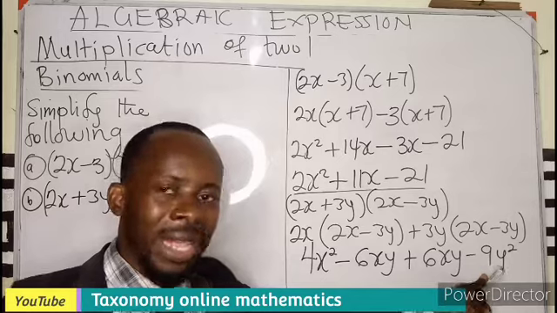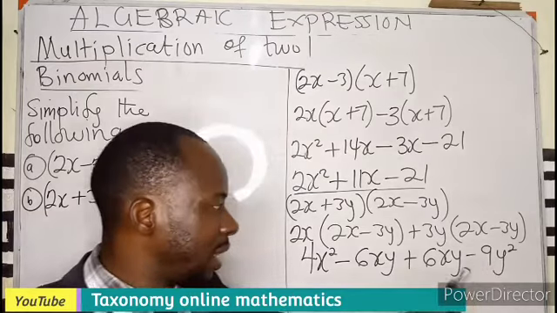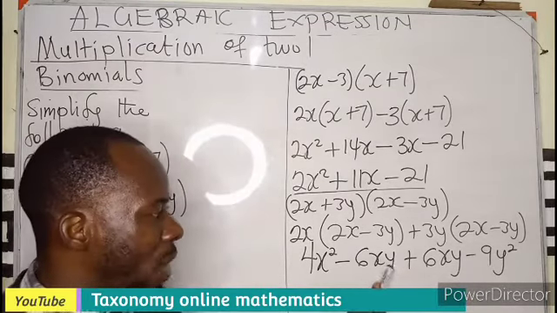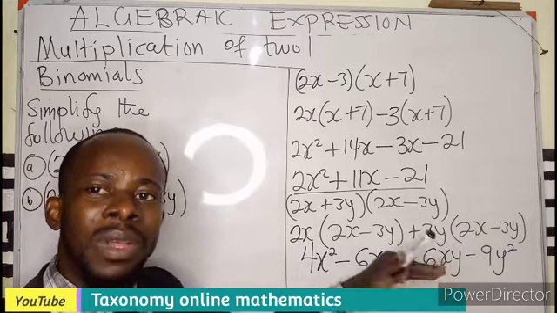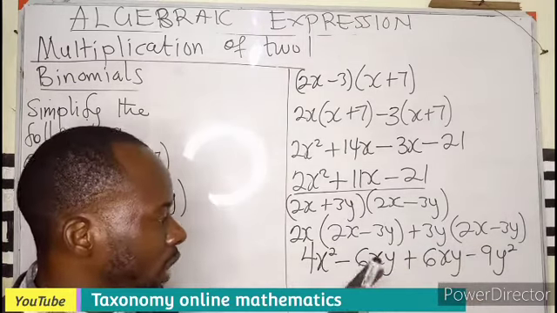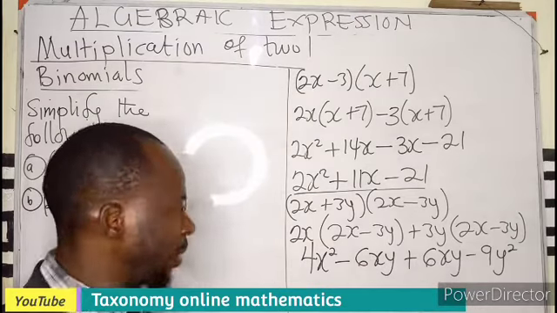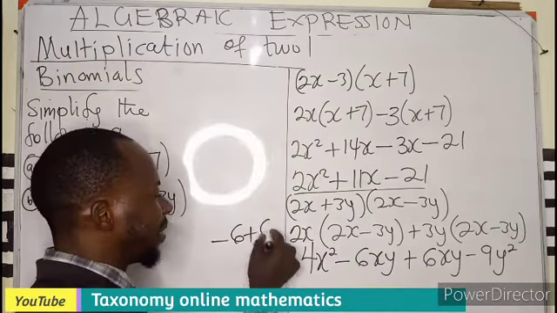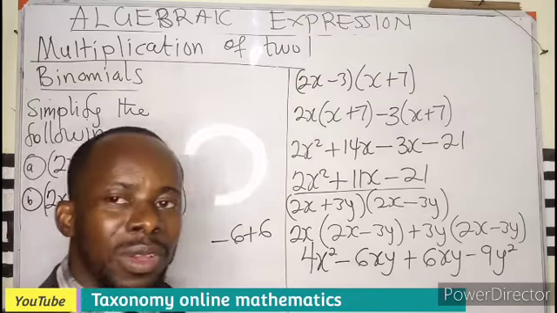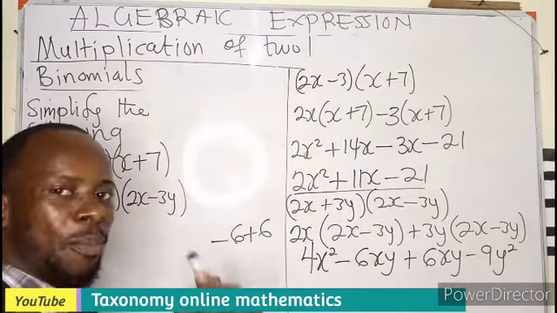So now, there is no x squared term. Y squared, there is no y squared term. But xy, xy, this becomes a like term. So if these are like terms, it becomes minus 6 plus 6. We have a negative 6, then you have a positive 6.